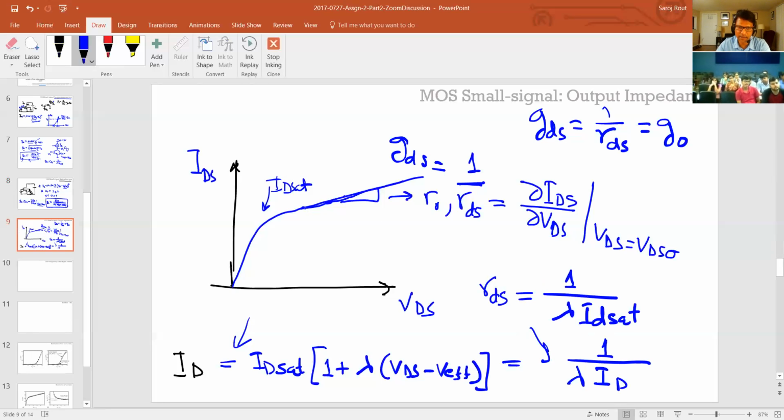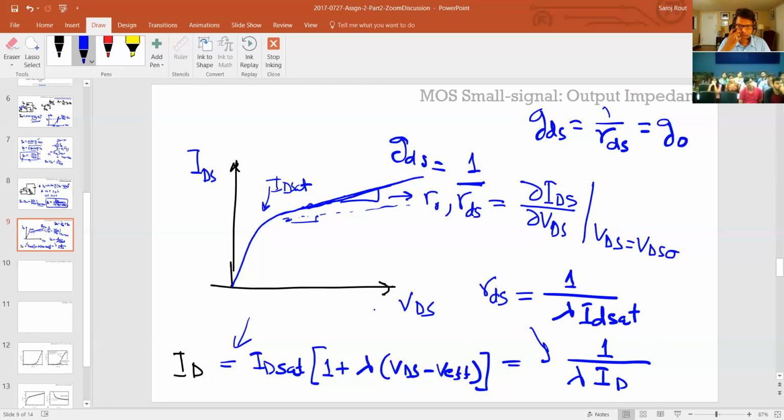The reason for that is, although I've exaggerated, in reality the change is very small. So if you know ID sat or ID, they're pretty close. If you substitute this, the error in your output impedance is pretty small. So if you know a drain current at a certain point anywhere in that curve, you can use that to approximate it. For hand calculation, that's good enough.